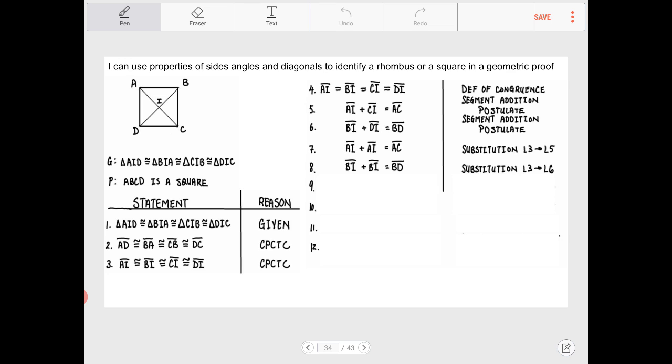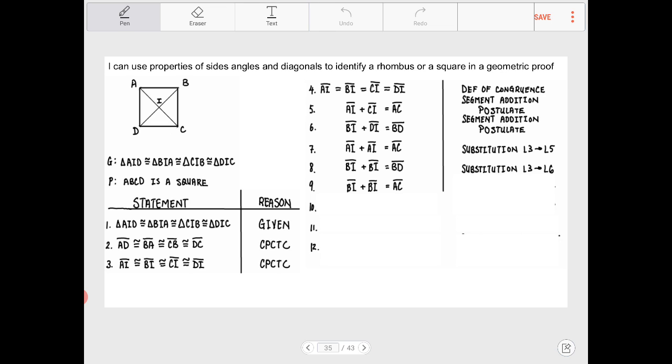Looking at this now, wait a second. I need to link, right? But wait a minute. What is another way to represent AI again? My mistake. AI is the same length as BI, isn't that right?